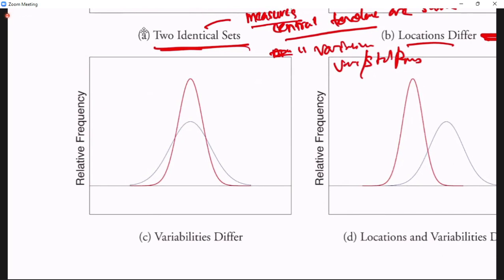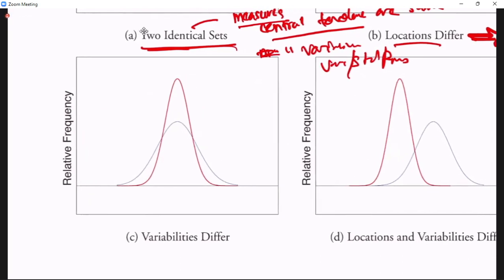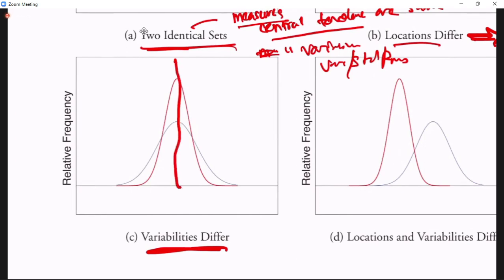Okay, now consider this third diagram. What can you say about these two data sets? Actually, the conclusion is given: variabilities differ. What happens here? The location is the same, no? Because both curves are symmetric around their mean, median, and mode.